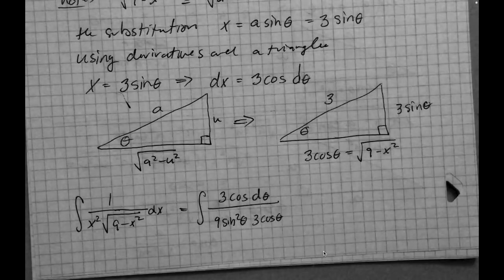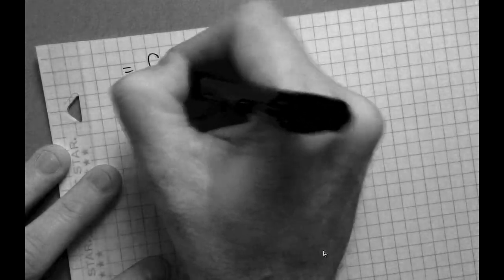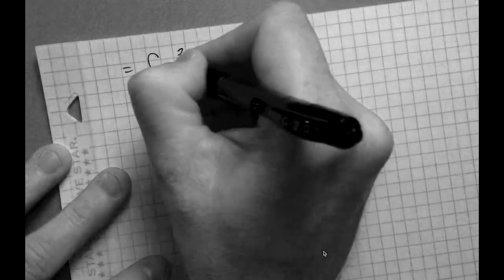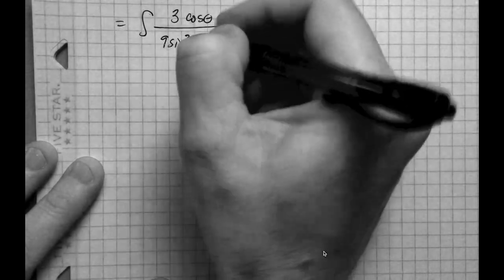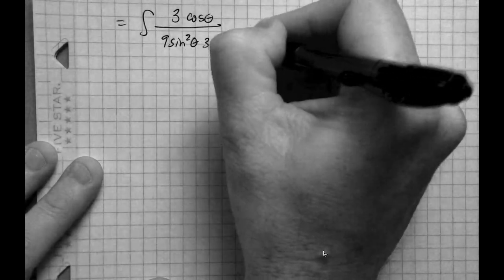So the whole thing has been converted into a trig integral. We've got 3 cos theta on the top, and we've got 9 sine squared theta times 3 cos theta on the bottom.